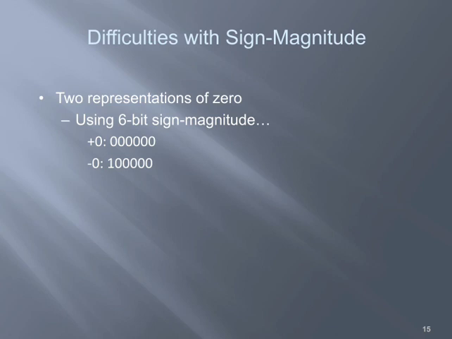So you cannot represent 0 exactly by using this sign magnitude representation. That is the main disadvantage of sign magnitude representation. That's why we are moving from sign magnitude representation to other representations, that is ones complement representation and twos complement representation.